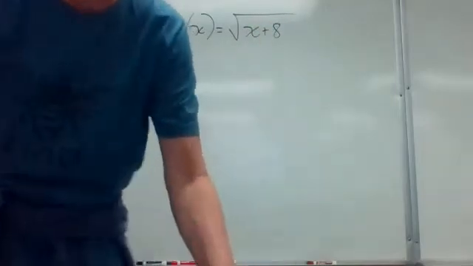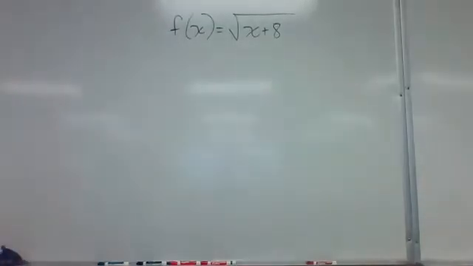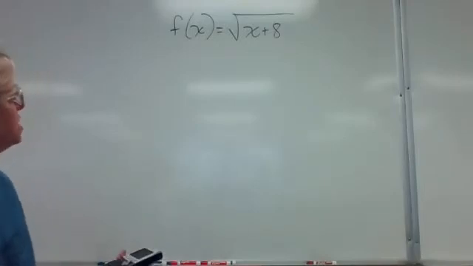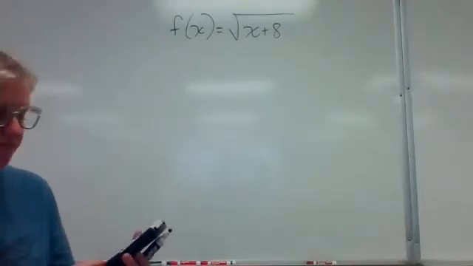Again, if you know your shifting rules, that's an inside shift, which shifts it left and right, opposite the sign, which means it would shift the graph to the left a.